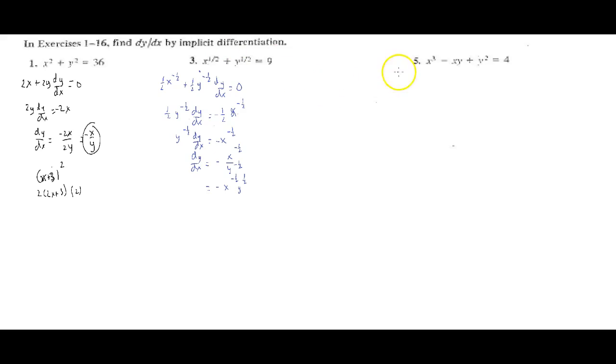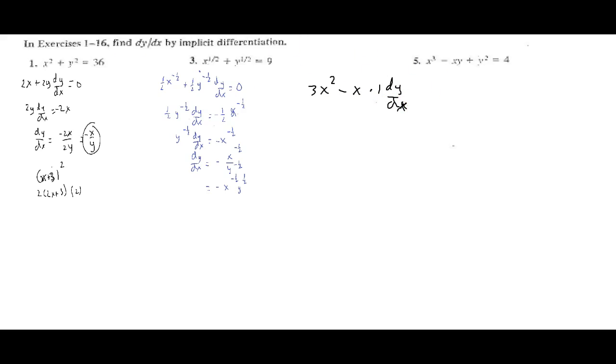So the x is easy, that's 3x squared, you know how to do that in your sleep, minus, now things get tricky. The first one times the second one. Derivative of y, well, if I pretend like that's the right thing, it would be 1, and then I have to tack on a dy dx because it's a y. Plus, now I'm going to take the derivative, so then it would be, I should be minus, my bad, because there's a minus sign in front of that xy, right?